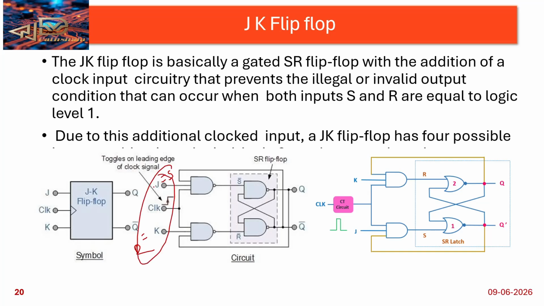Just take this flip flop with J, K, and Q bar. J is connected to S and K is connected to R, like set and reset operation.